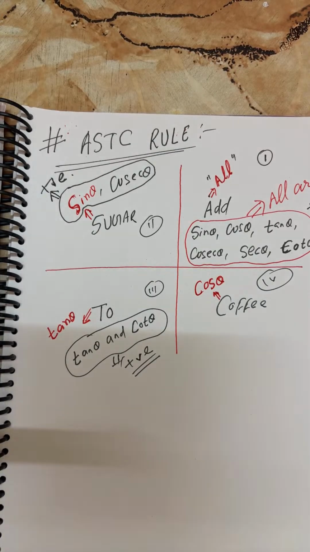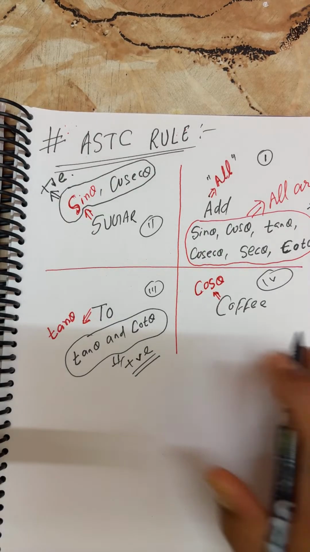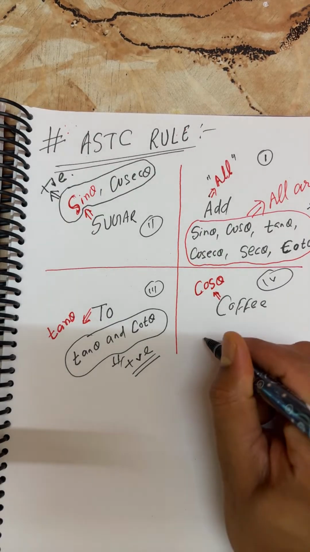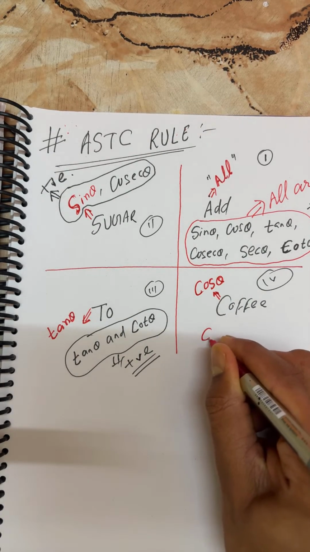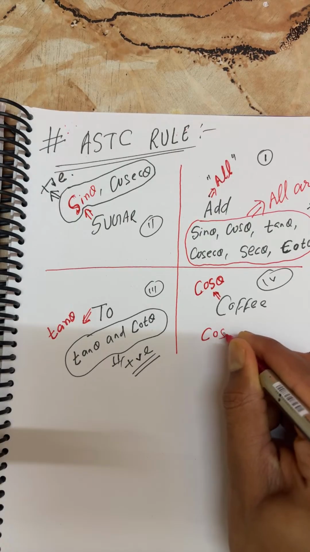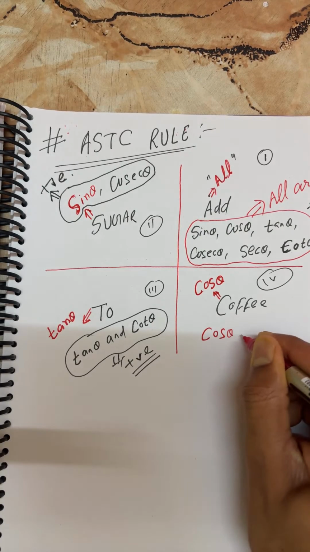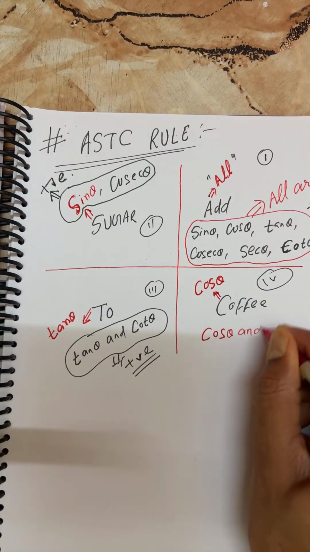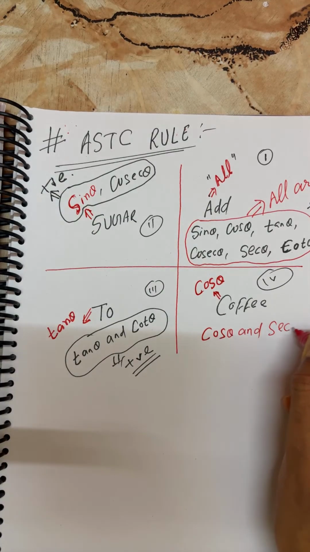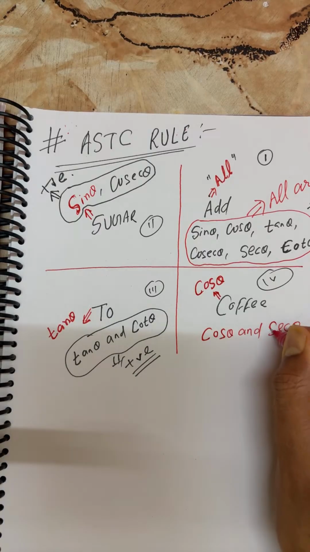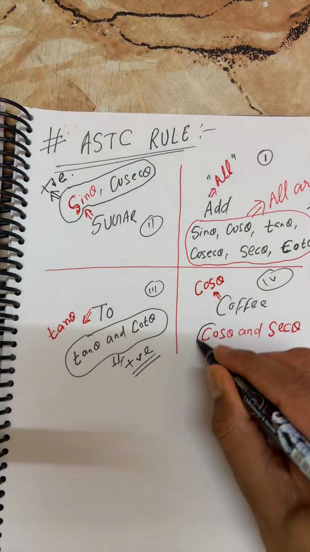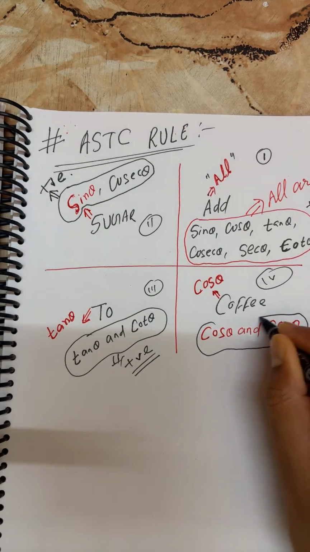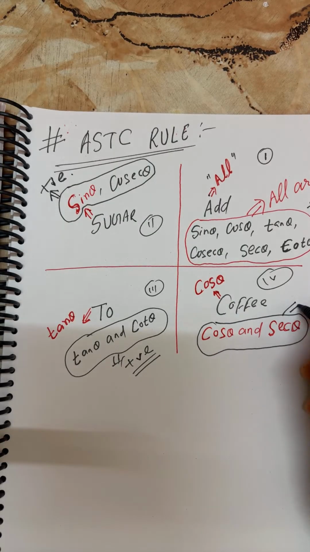Come here for cos theta. In the fourth quadrant, cos theta and secant theta are positive.